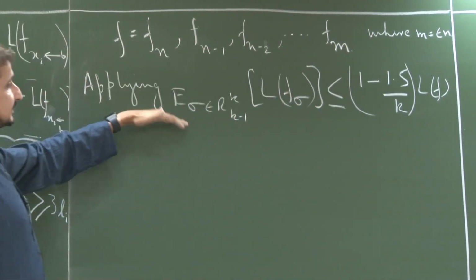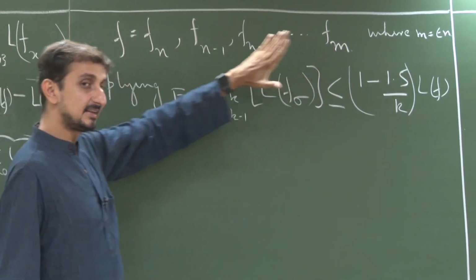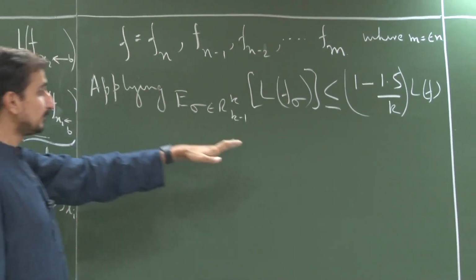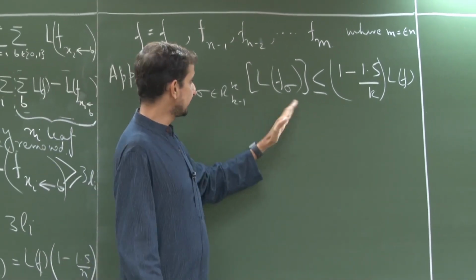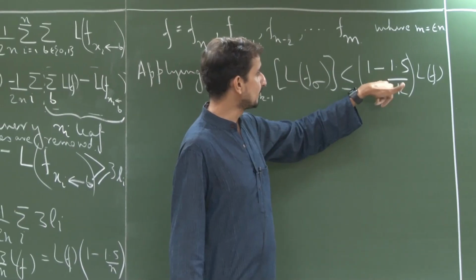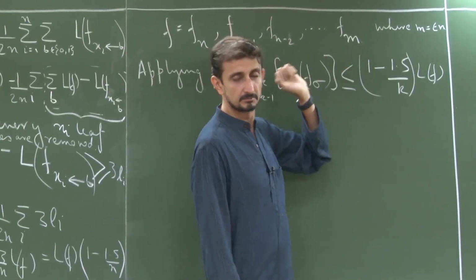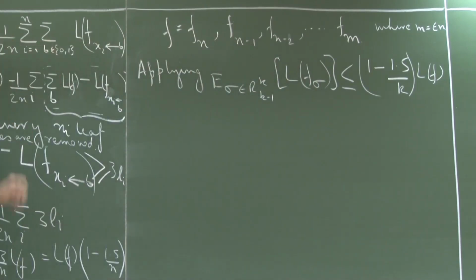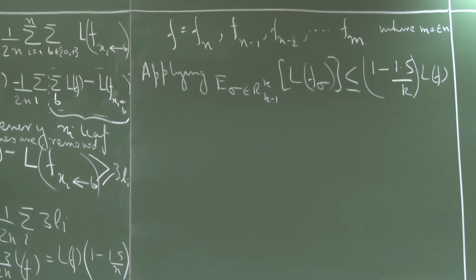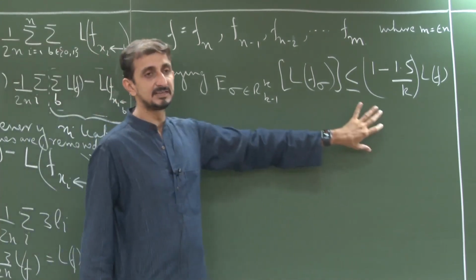So, f is some k variate function. If I keep on doing this again and again, I will get 1 minus 1.5 by k whole to the power whatever epsilon n, and that would give me a way to obtain this theorem. But there is one problem in this application.